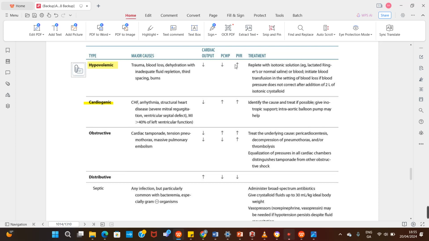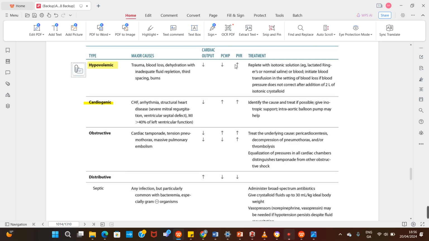Because the right atrium cannot relax and the left atrium cannot relax, they cannot fill adequately and receive blood from their corresponding vessels. Meaning the systemic veins, the internal jugular vein, the superior vena cava, the inferior vena cava, cannot empty directly into the right atrium.